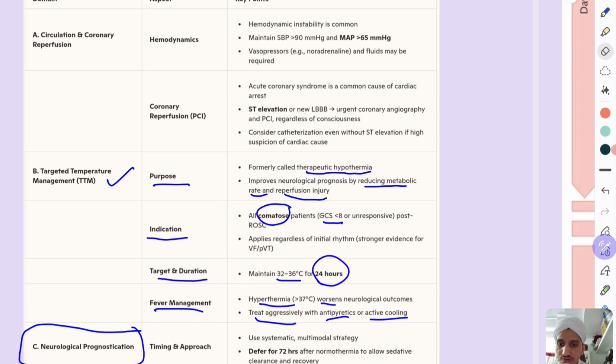So for that, what should be the time, and what should be the approach, what should be the time for neurological prognostication? In simple ways, you have given CPR, there is ROSC, and the patient may or may not have consciousness. At that time we are calculating the prognosis of the patient in the post cardiac arrest care.